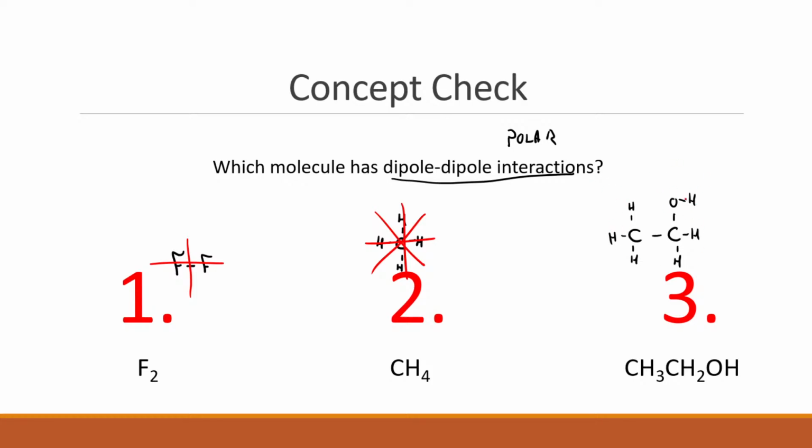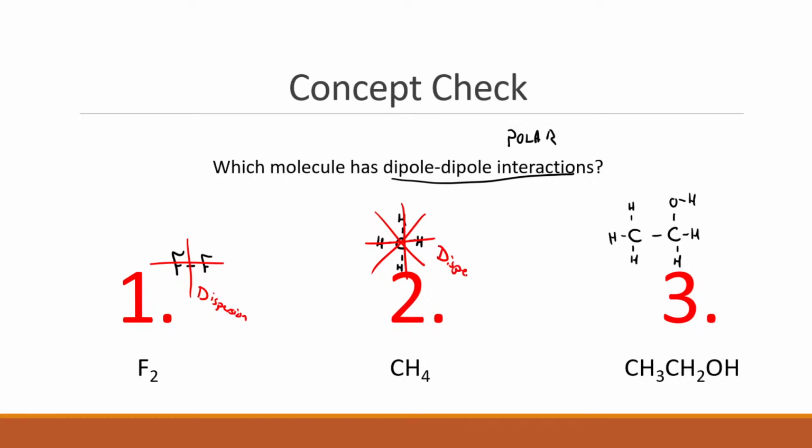And even though it does also have this O connected to H, even though it also shows signs of hydrogen bonding, it does have dipole-dipole interactions as well. They're not exclusive. These only have dispersion.